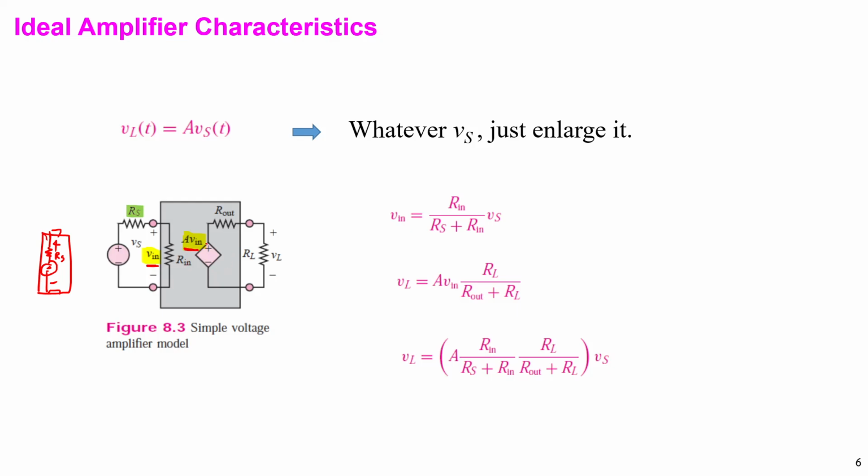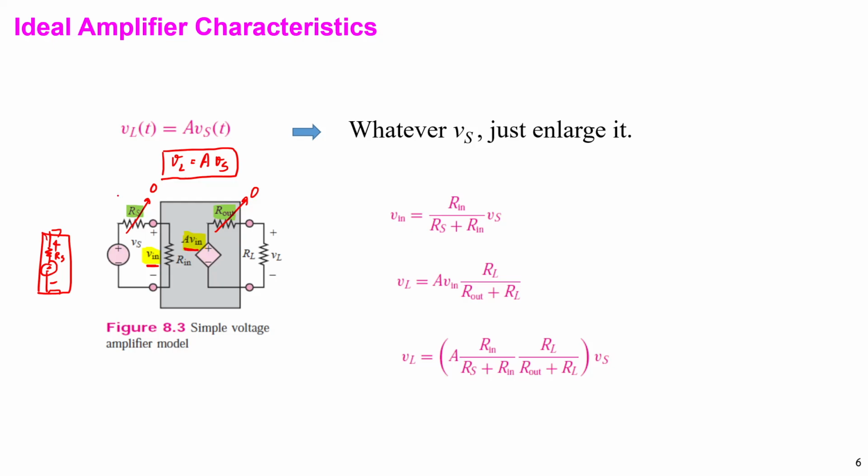And then we also have the output resistance of the op amp. But sometimes we can consider these values to be very small. If these values are very small, then we can directly get VL equal to AVs.